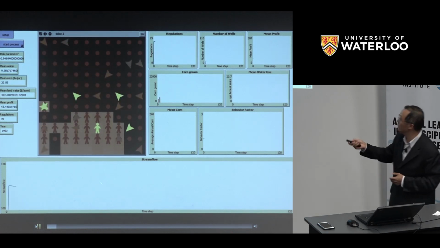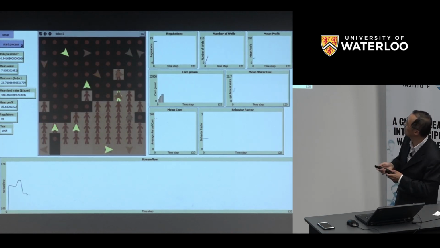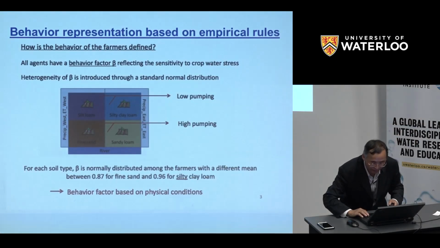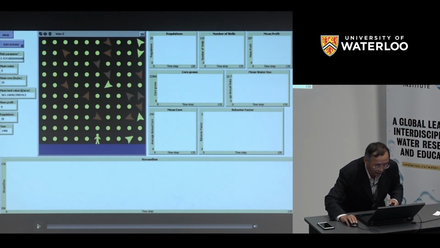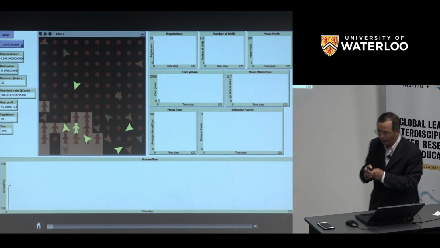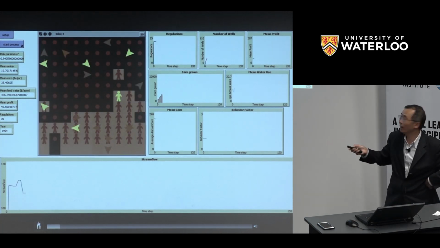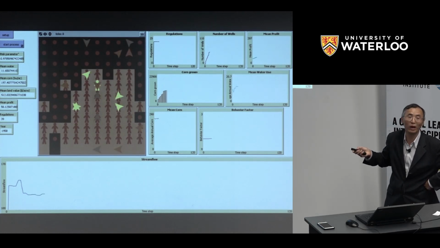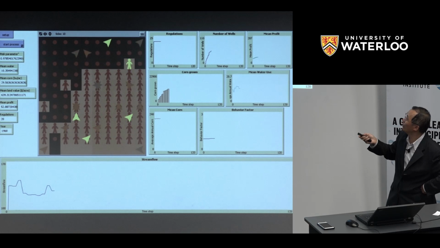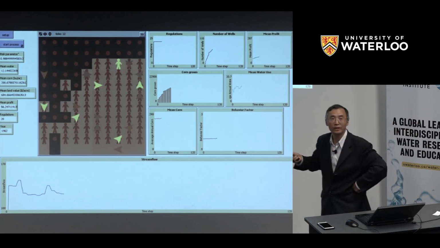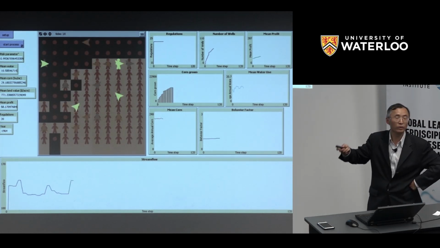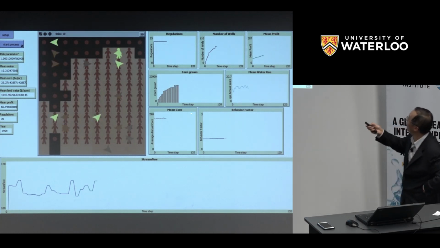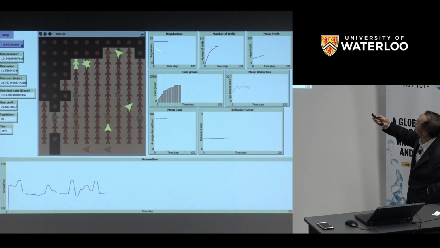Over time, irrigation develops along the river because it's relatively cheaper to pump groundwater along the river. And then over time, we can say irrigation has been expanded to the areas further away from the river, right? And over these figures, this is a regulation.